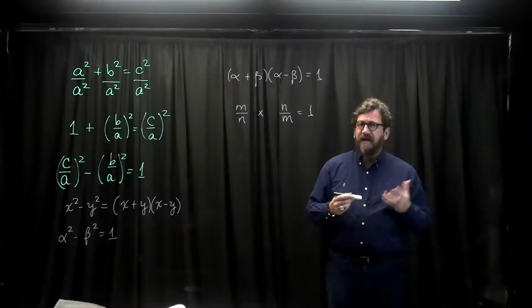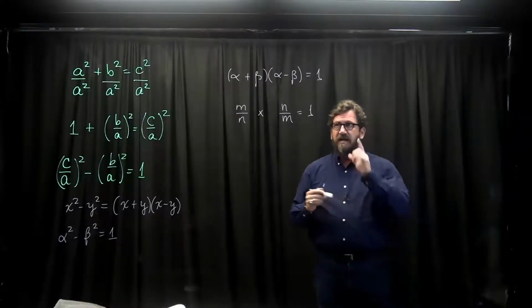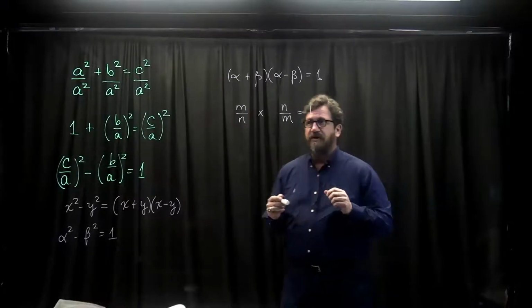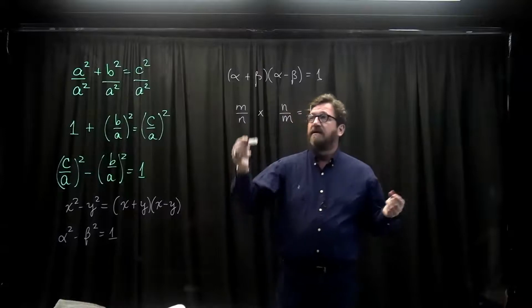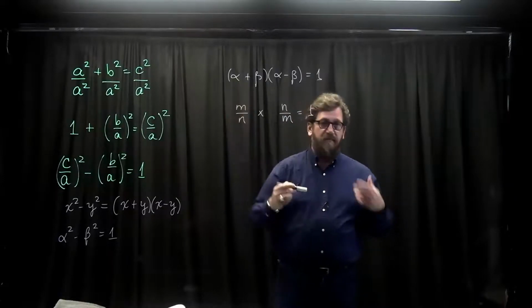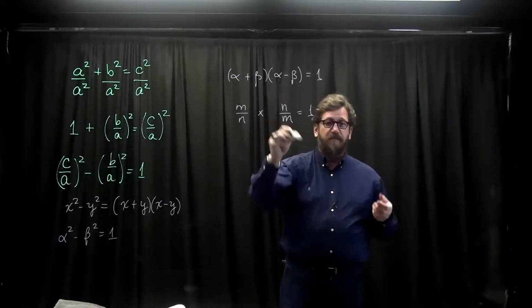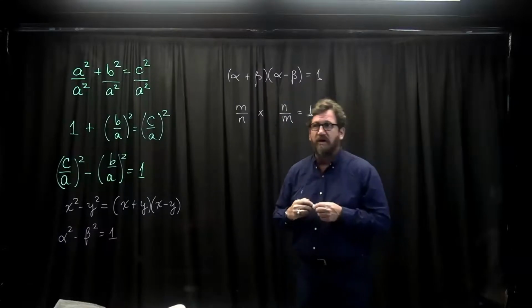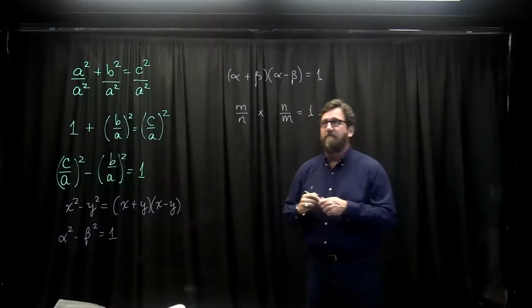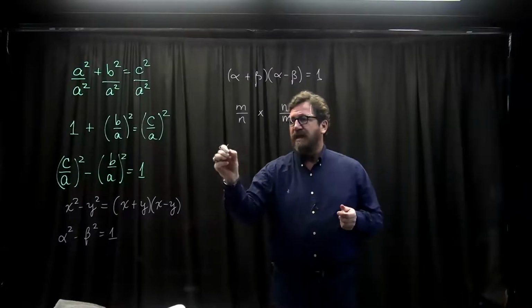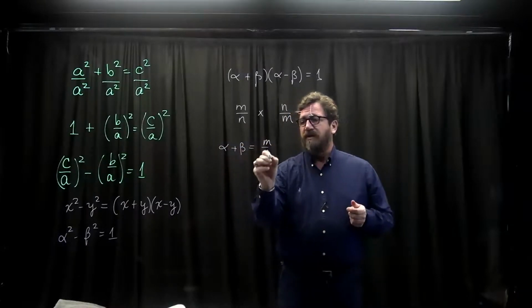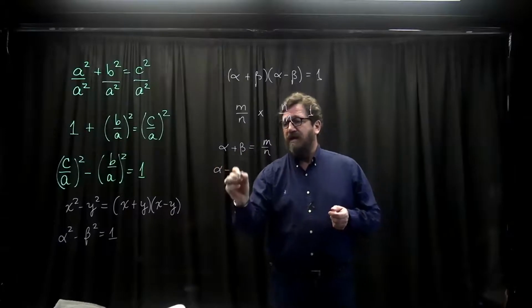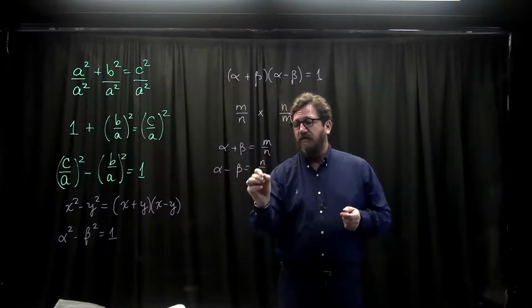Now, that's a fascinating piece of information. Let's take this a step further. I'm just picking m and n, so this one's going to be m over n, this has to be its reciprocal, I multiply them, I get to 1. How does this help me? Well, I now know that alpha plus beta equals m over n, and alpha minus beta is n over m.